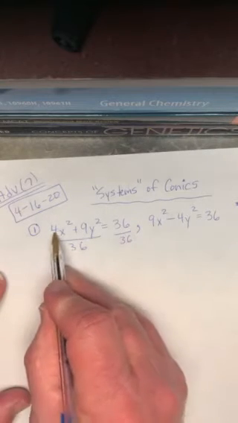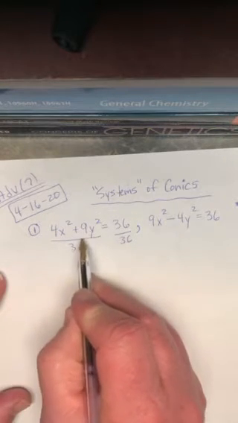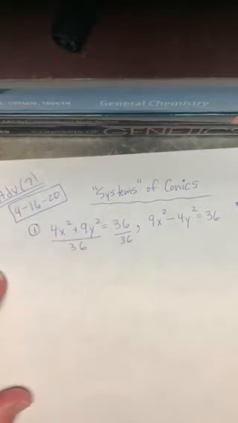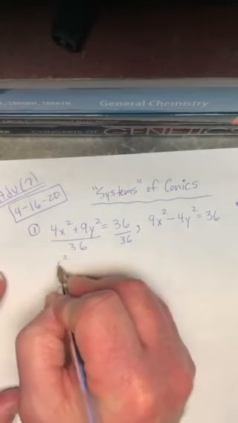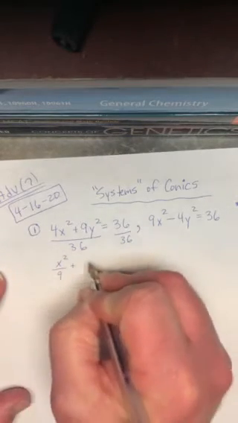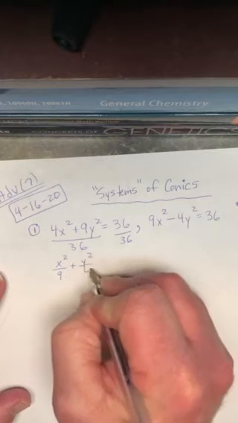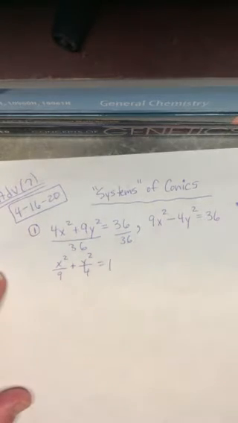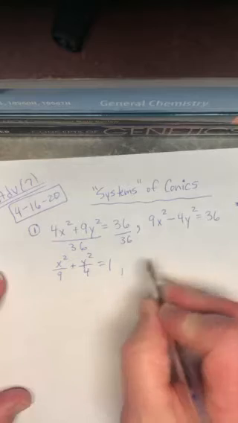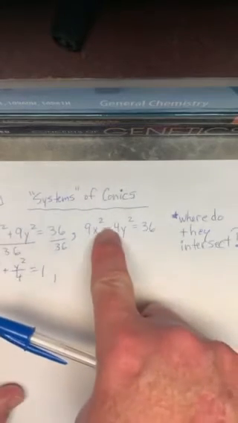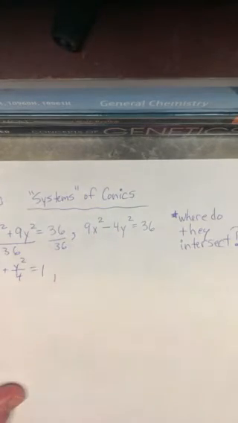So that's going to be 4 over 36, and that's 9 over 36. So think with me here. Wouldn't that be x squared over 9 plus what? Y squared over 4 equals 1. Okay? Now, the other one is going to be what? Since there's a minus in the middle, that's a hyperbola, correct?